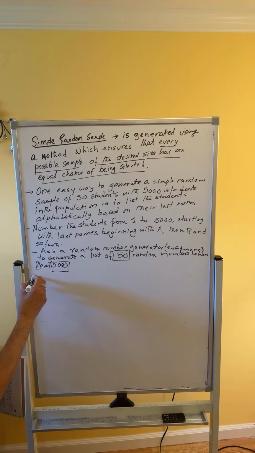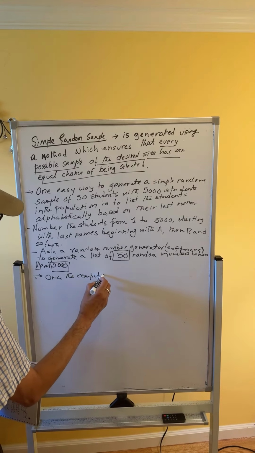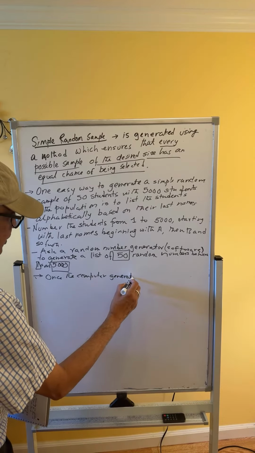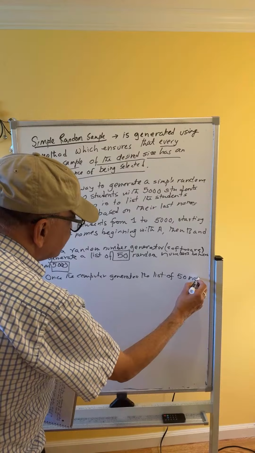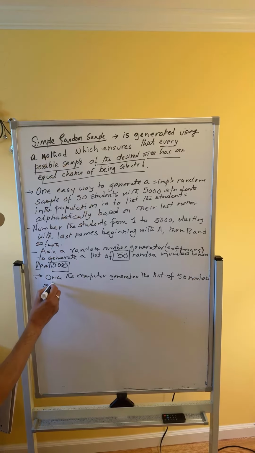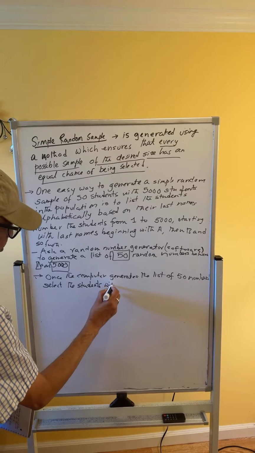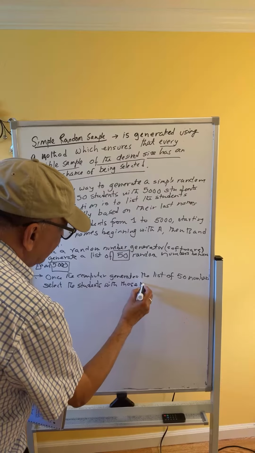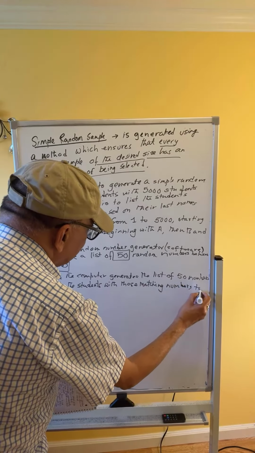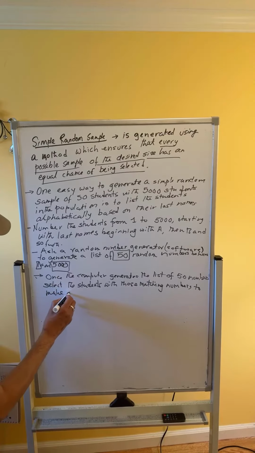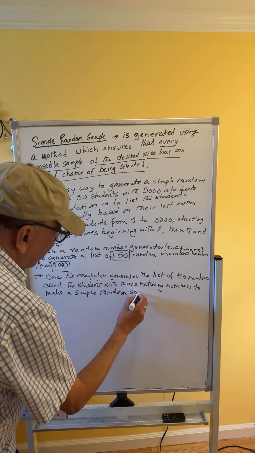Once the computer generates the list of 50 numbers, select the students with those matching numbers to make a simple random sample of 50 students.